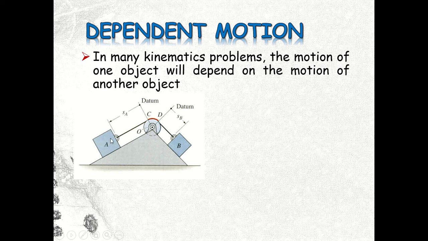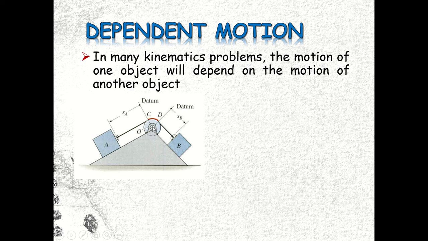So for example, we have here an object A and another object B. The distance from this certain point to the center of this pulley is sA, and the distance from this part of the object to the center of this pulley is sB.